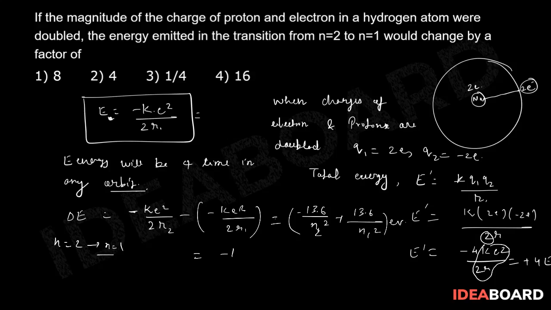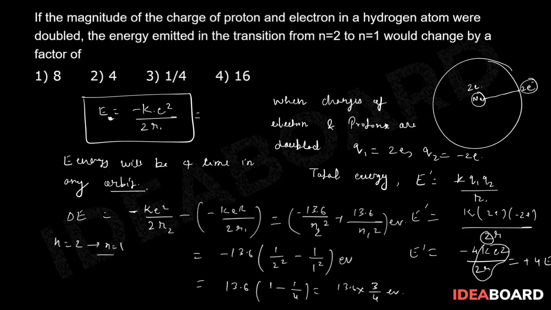So this is going to be minus 13.6 is common, 1 upon 2 square minus 1 upon 1 square electron volts, or it can be written as 13.6 into 1 minus 1 upon 4, which will be 13.6 into 3 by 4 electron volts. So that will be the energy if you come normally from 2 to 1.